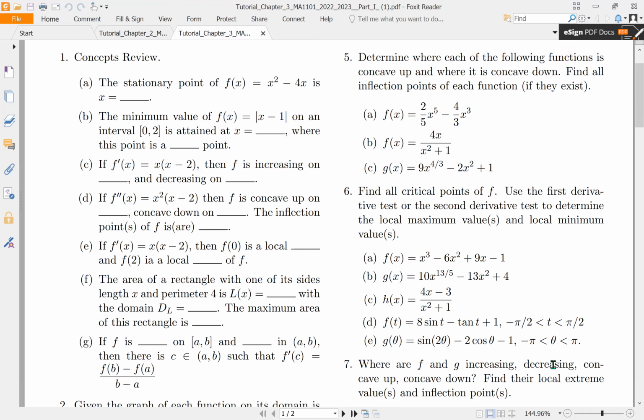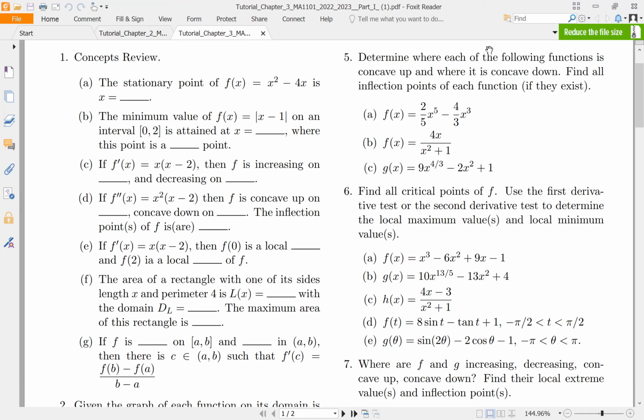And in this case, we are not given a closed and bounded interval, so it's assumed to be for any x. Okay, so we are given f of x equals x squared minus 4x. Then we want to find the candidates, so the critical point is only a stationary point here.